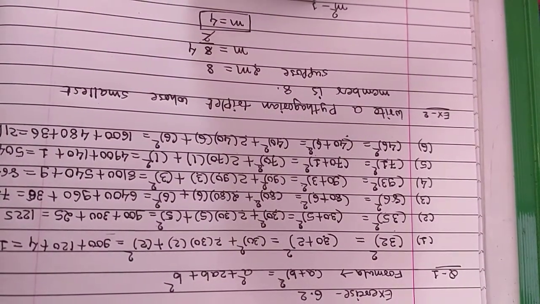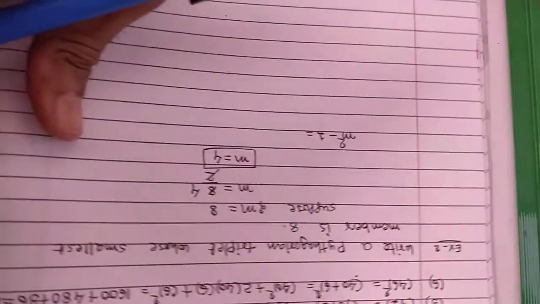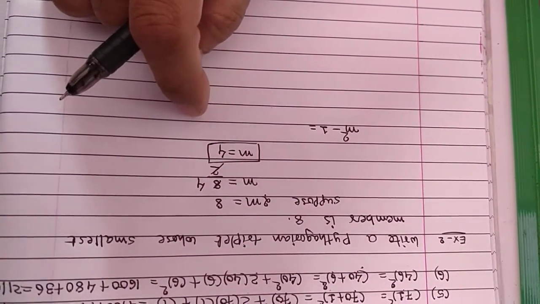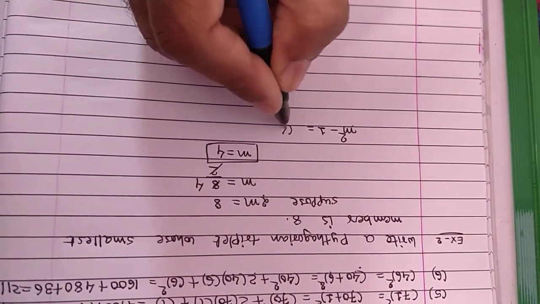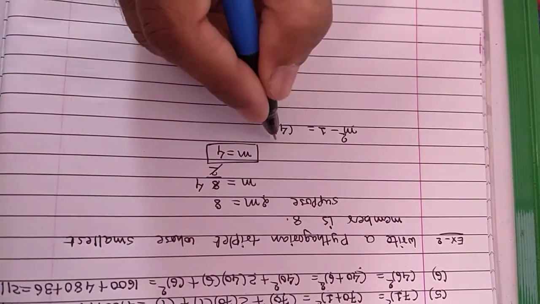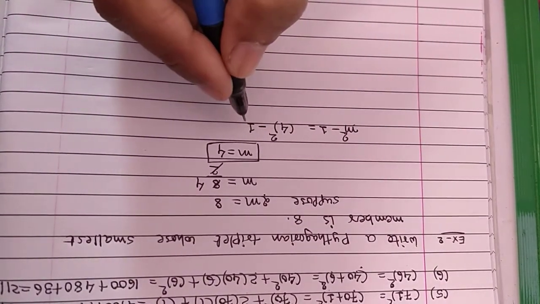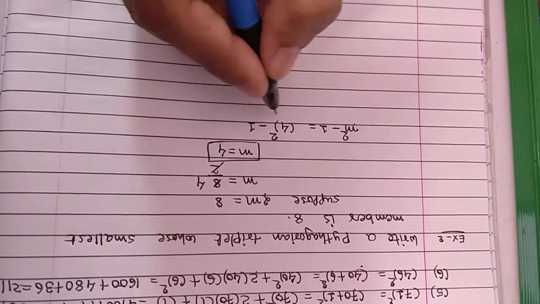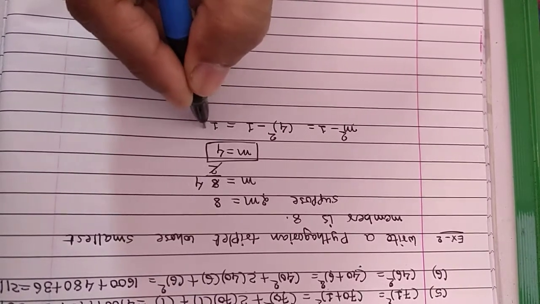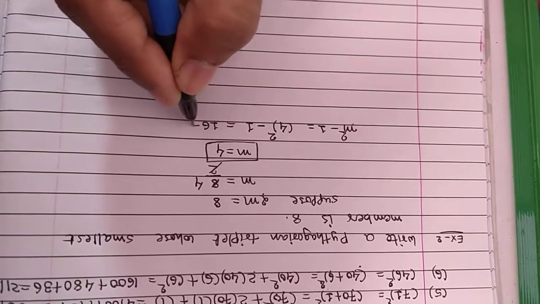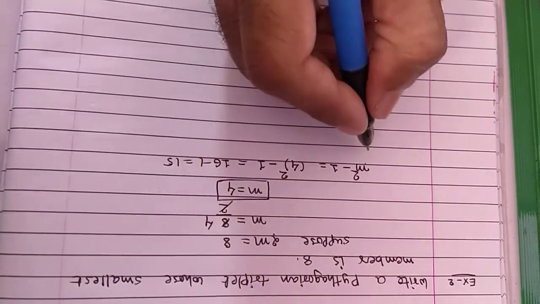The second number is m square minus 1. One member is 2m, the second number is m square minus 1. Here m is equal to 4, so 4 square minus 1. 4 square is 16, minus 1 is 15.